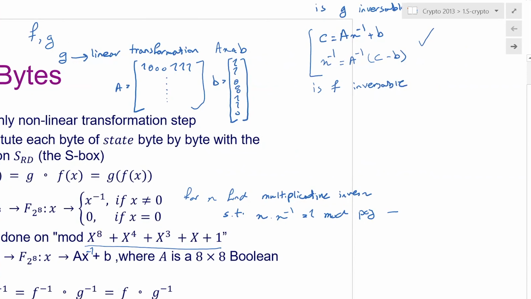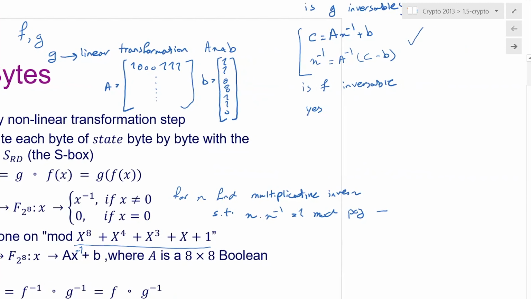The answer is yes, because I can always compute the multiplicative inverse of X. So that means that whatever the value I get over here, I can compute the inverse of A.